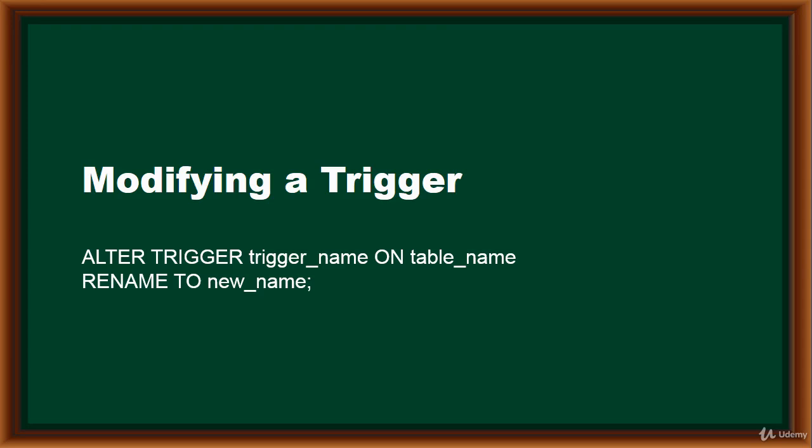So basically, the syntax begins with the alter trigger statement, where you specify the name of the trigger associated with a particular table that you want to change.